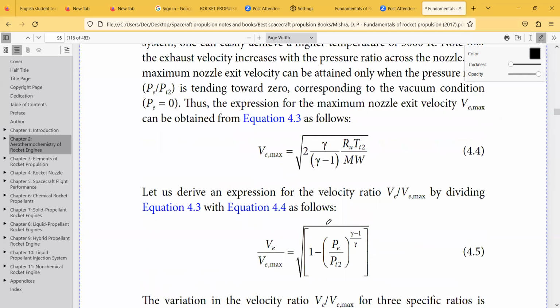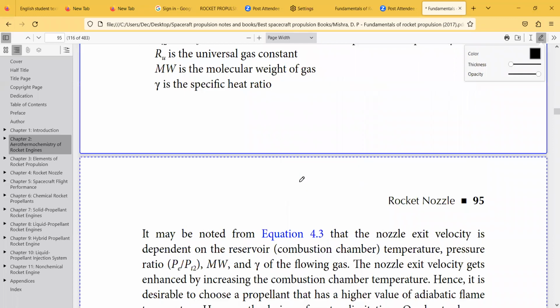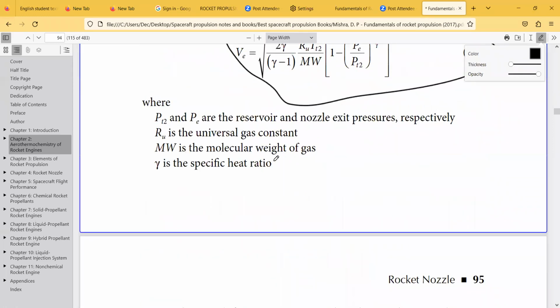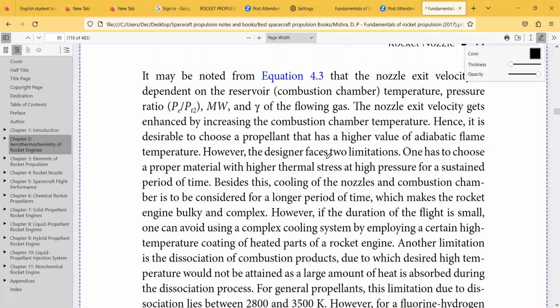That gives you the maximum exit velocity, which equals the square root of 2 times gamma over gamma minus 1 times R_U T_2 over M_W. This M_W is not specific mass, but the molecular weight of the gas.